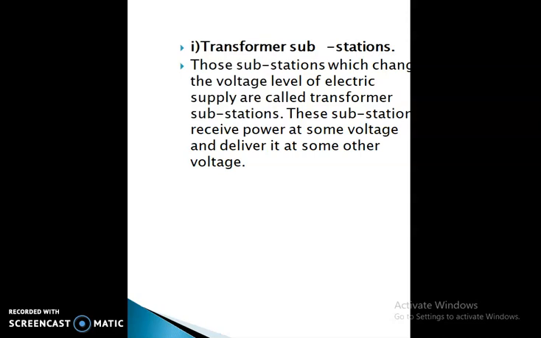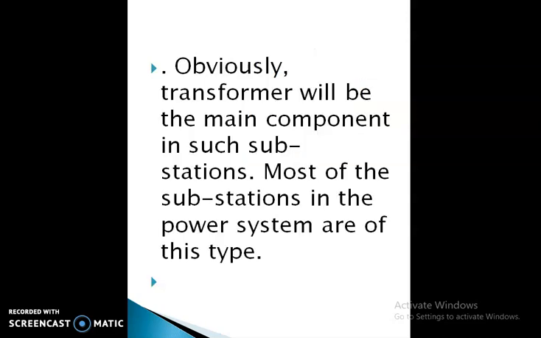For example, they receive power at 220 kV and deliver it at 132 kV or 33 kV, depending upon requirements. Obviously, the transformer will be the main component in such substations. Most of the substations in a power system are of this type.